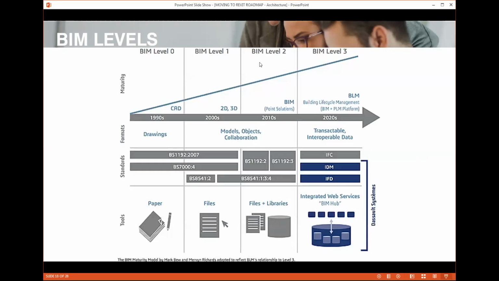BIM level 2 means that the organization is using BIM software like Revit. In the team, you have the architect, the MEP engineers, the structural engineer. Let's say you have those three. On level 2, at least one person, most usually the architect, is on BIM level 2, using Revit, for instance.